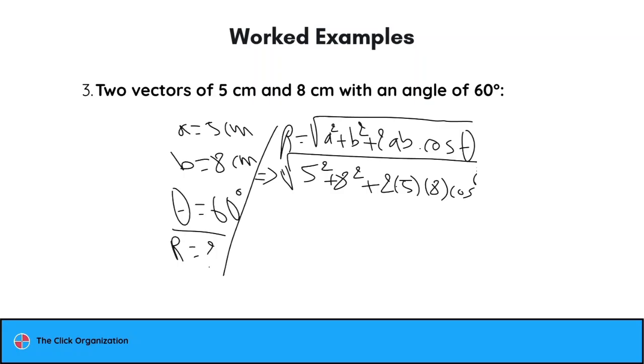Since the cosine of 60 degrees is equal to 0.5, we would put 0.5 instead of cosine of 60 degrees. Either way is correct.